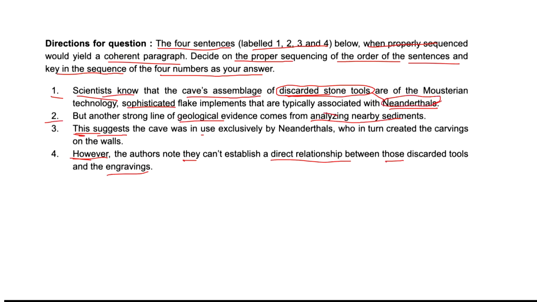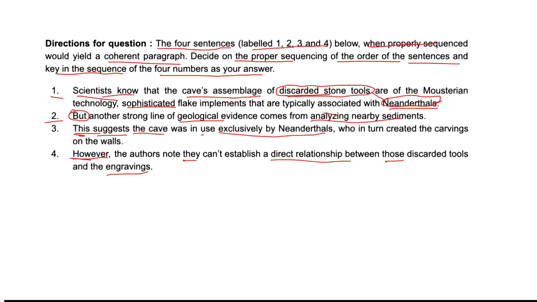Sentence 2 is a contrasting one as it is given with but. Sentence 3 follows by explaining, this suggests the cave was exclusively used by Neanderthals and they created the carvings. This sentence provides further information about the Neanderthal connection.